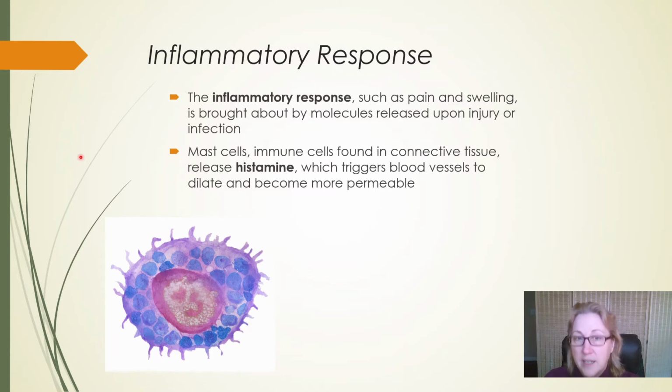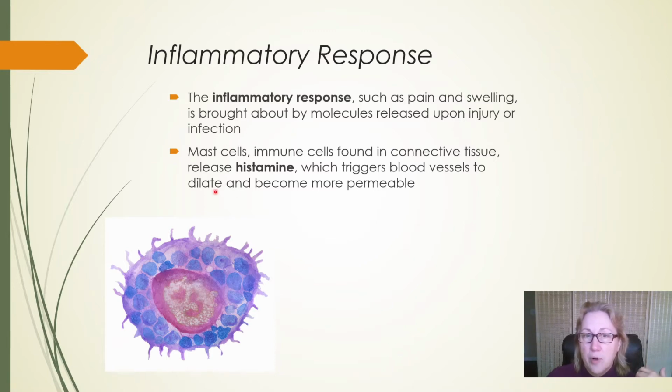And in fact, when you start to feel symptoms from a viral infection, those symptoms are being caused by your body's own response to the virus. So it's not the viruses themselves, or viral replication, that's making you feel sick. It's your body reacting to those viruses and trying to get rid of them. That's the symptoms that you feel.